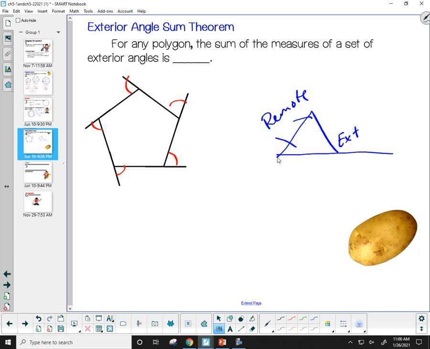What do we get? 540? Good. So 540 degrees. If I add all 5 of those angles together, I get 540 degrees, right? Okay, we're just going to keep that in the back of our head for a minute.